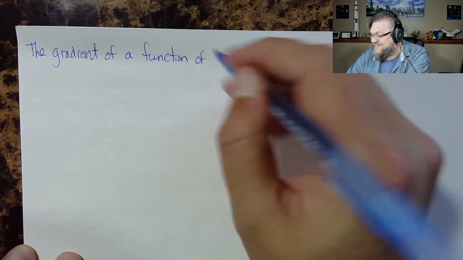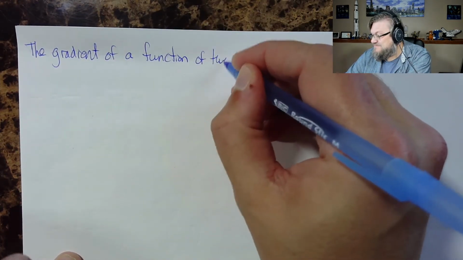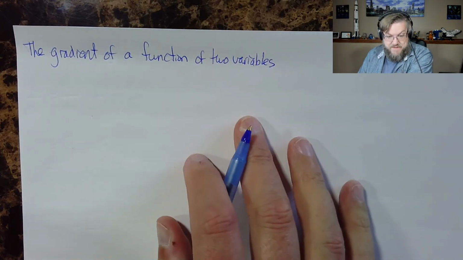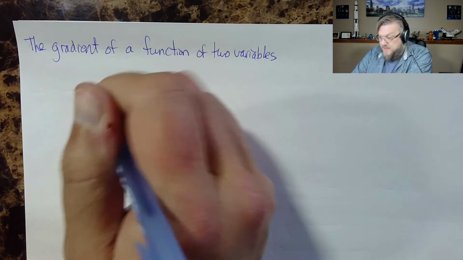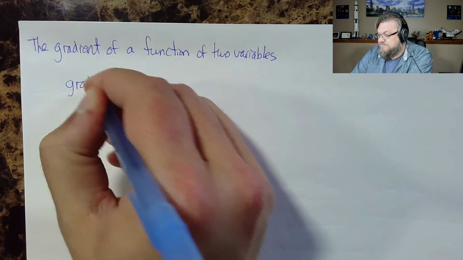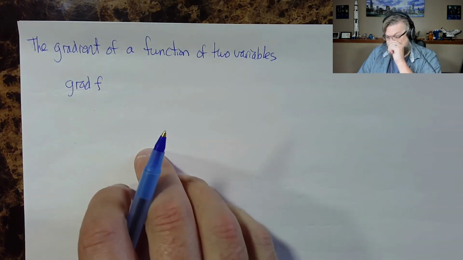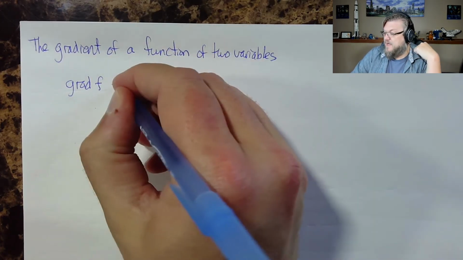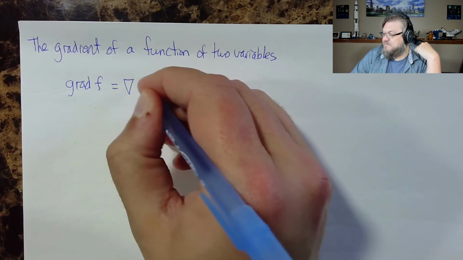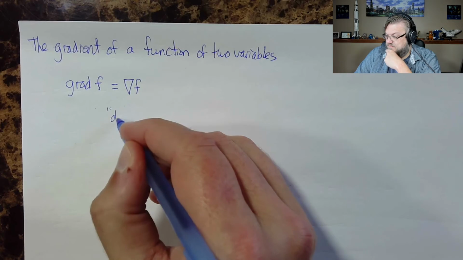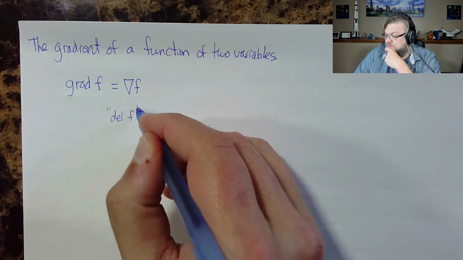Gradient of a function of 2 variables. And the definition is the following. We get a symbol here. We can either say grad f, that is sometimes used, or we also have this notation, which is read del f. This is del f.